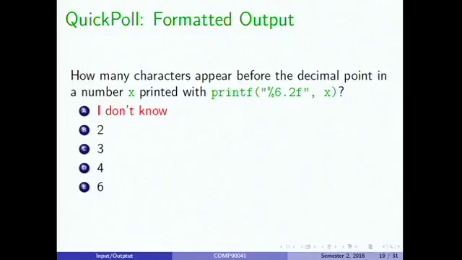Okay, so suppose it's small. Suppose x is 15.2. Then how many digits are going to appear before the decimal point? It's not 6, and it's not 2. It's 3.